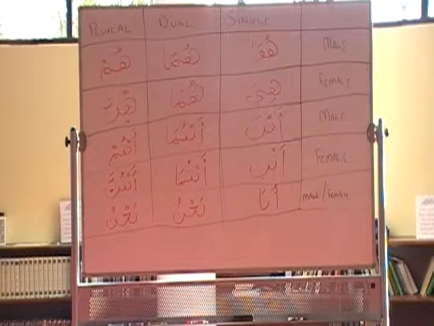Because it is a compound, those put together are the mubtada. So Abu Bakr is the mubtada. Sahibu Rasulillahi is the khabar. Sahibu means companion. Rasulillahi, we've already written, means Messenger of Allah. And notice how the predicate has double compounds. So Sahibu Rasulillahi.